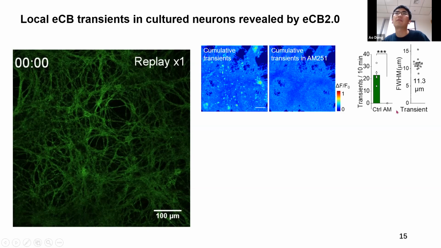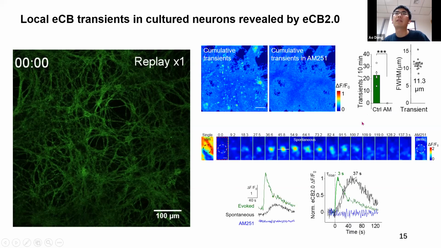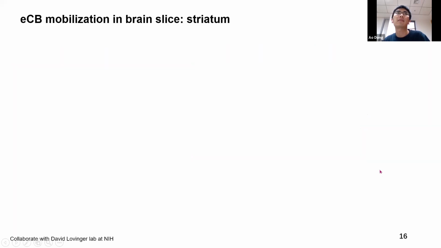And it's probably for the first time we are able to have this relatively high spatial resolution. Temporally, the spontaneous signals are also different from the electrical stimulation evoked signals, indicating this spontaneous signal shows a different release pattern compared with the stimulation evoked ones. And then we also validate the sensor in a more physiologically relevant context in the acute brain slices.